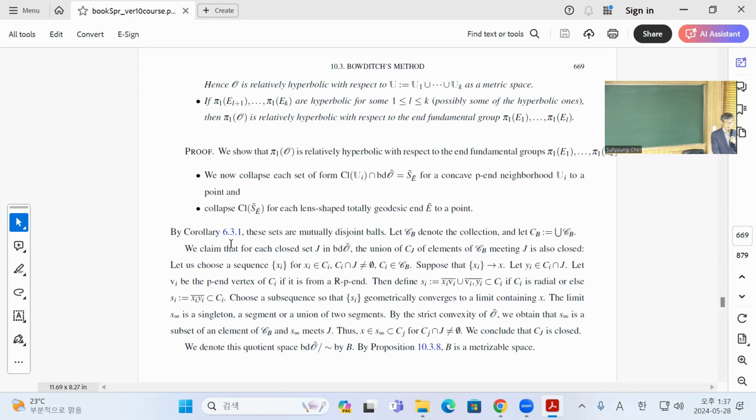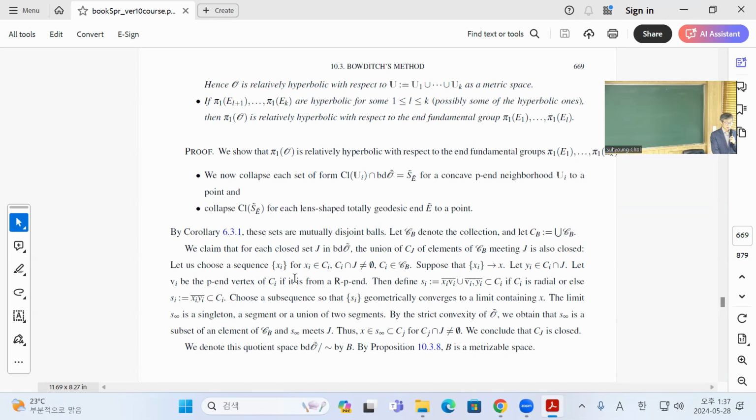And so 6.3.1, these are mutually disjoint balls. And if you look at this collection, then you look at all these for each cross set, the union of the sets meeting these J is also closed.